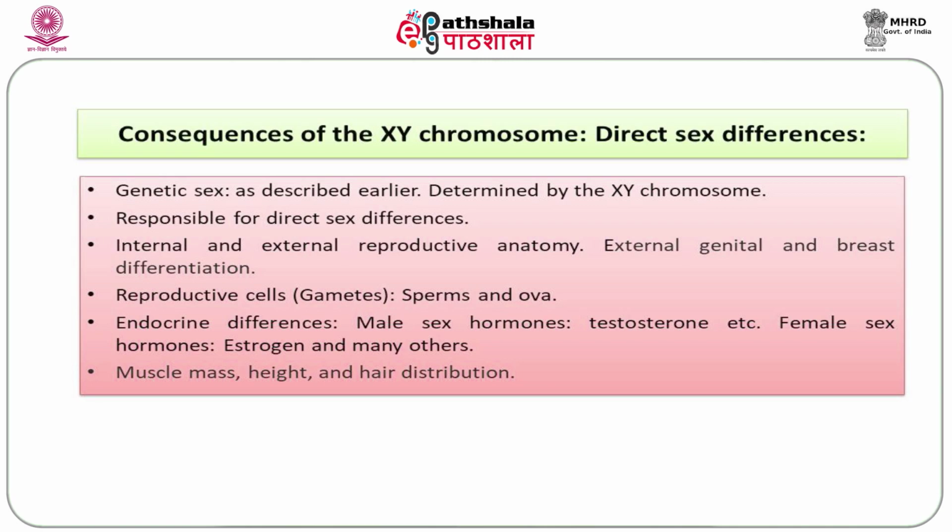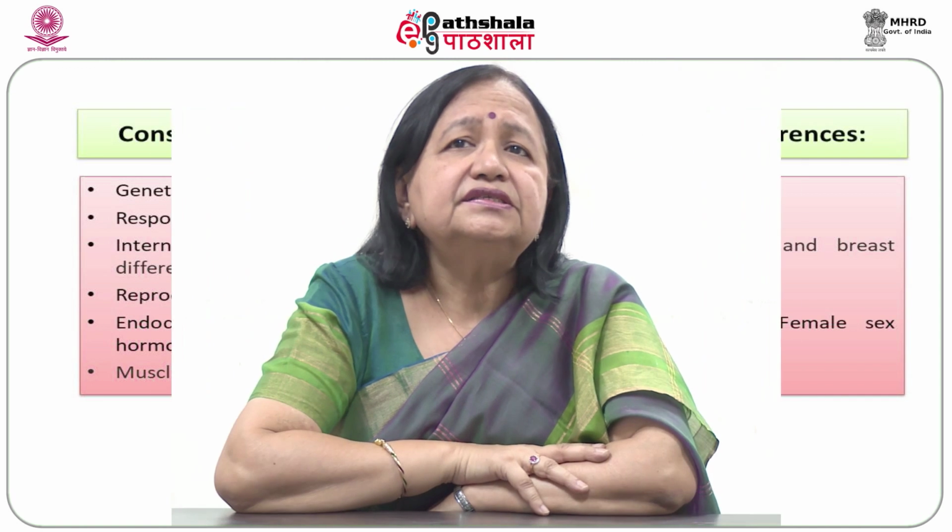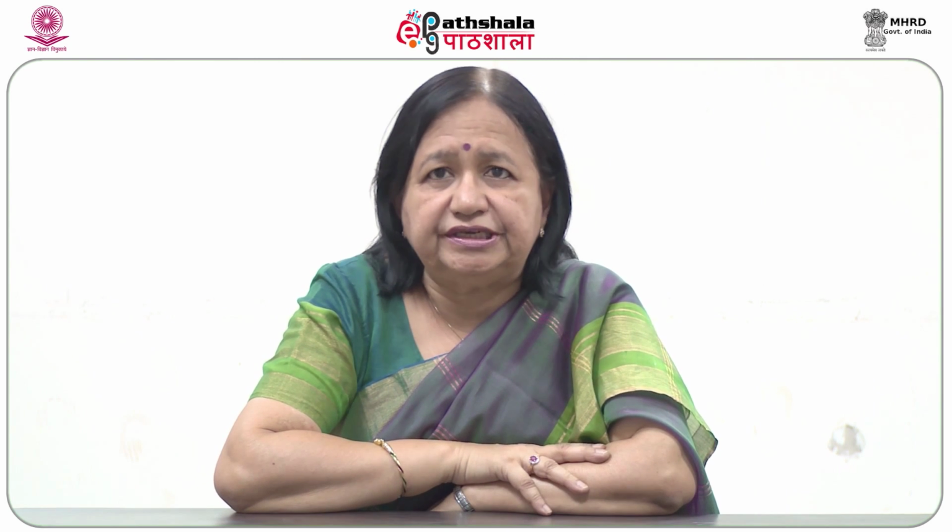For example, the internal and external reproductive anatomy, the external genitalia, the breast differentiation, the reproductive cells that the individual will contain, whether the person will have sperms or ova, the male sex hormones or the female sex hormones, which produce the estrogens or the male hormones, the androgens, testosterones, and muscle mass, height, and fat distribution. These are some of the differences between men and women which are ordained by their genes.